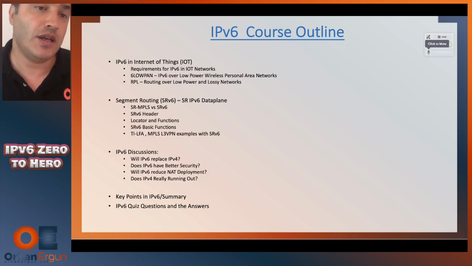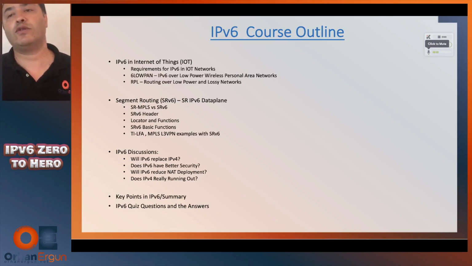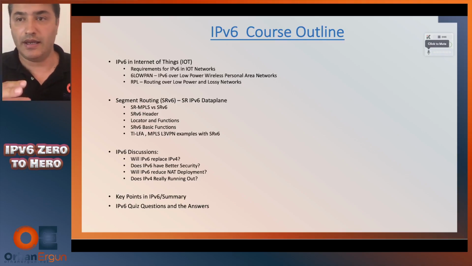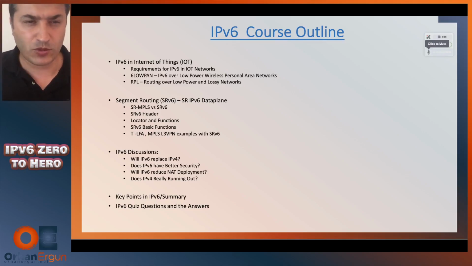Especially I will spend some time on RPL, Routing Protocol for Low-Power and Lossy Networks. This is the most commonly used routing protocol within IoT networks. I also discussed with one of the founders of RPL, Pascal Thubert, on my YouTube channel, in a video around 1.5 hours, maybe 2 hours long.